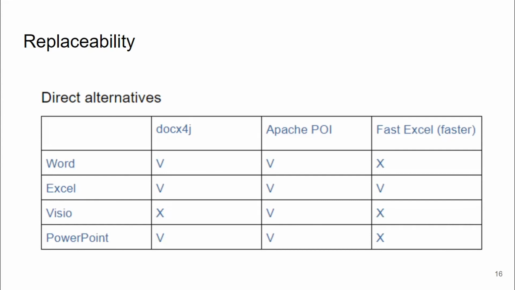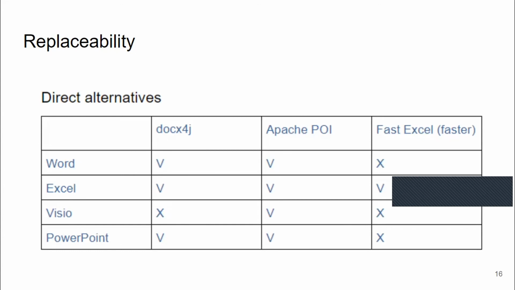I mean, these two alternatives can work with Microsoft systems, for example, Microsoft Word, Microsoft Excel, and Microsoft PowerPoint. The first one is docx4j. It supports Word, Excel, and PowerPoint, but it doesn't support Visio.